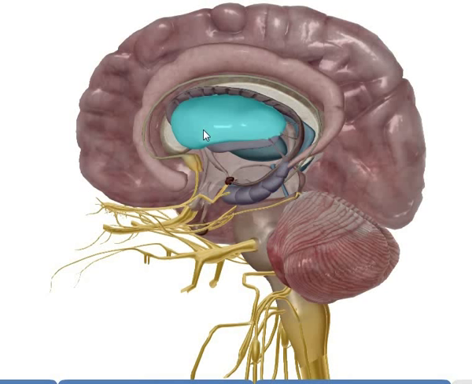Here's the putamen. The midbrain is intimately associated with the basal ganglia. The reason that's important is it's the substantia nigra, the subset of nuclei in the midbrain that contain the dopaminergic neurons that project to the basal ganglia that are involved in Parkinson's disease.